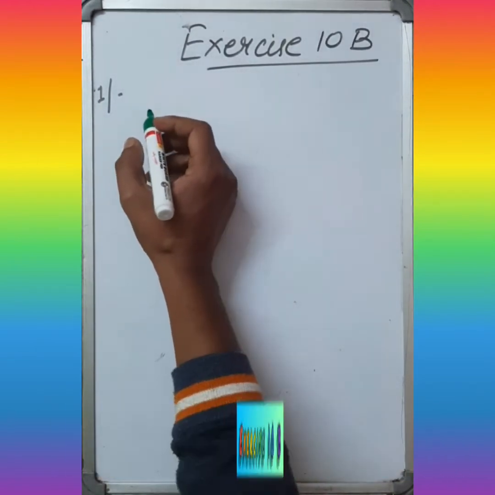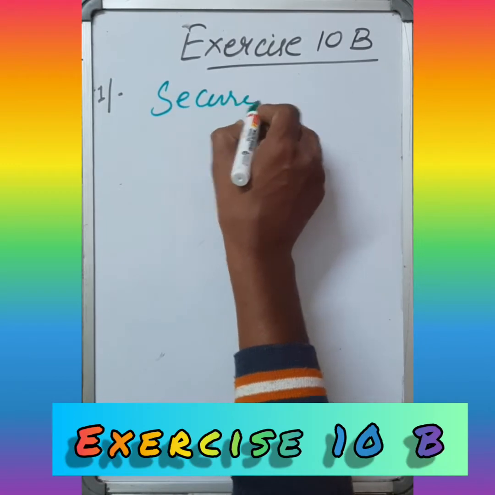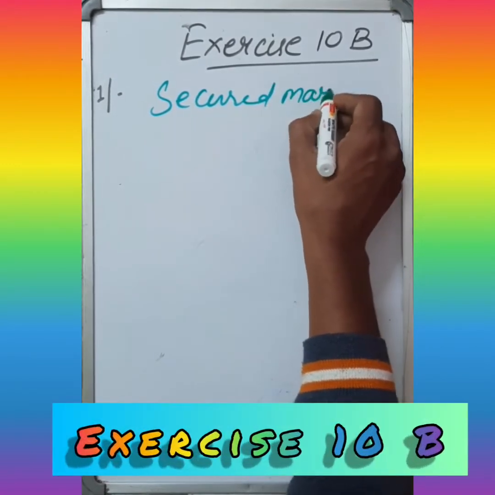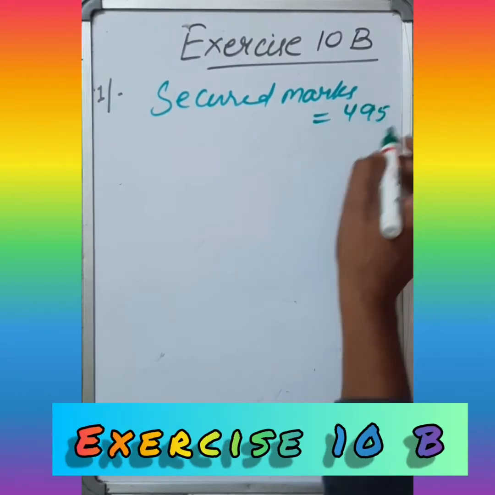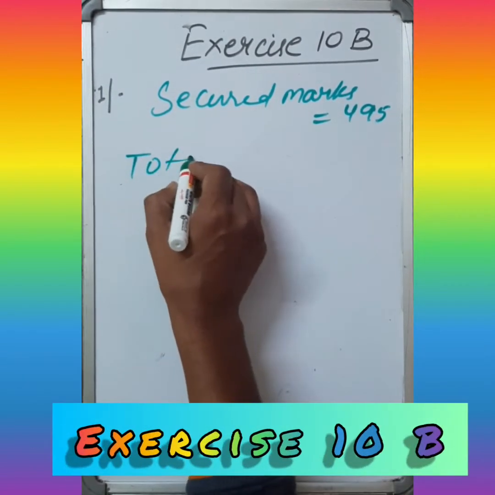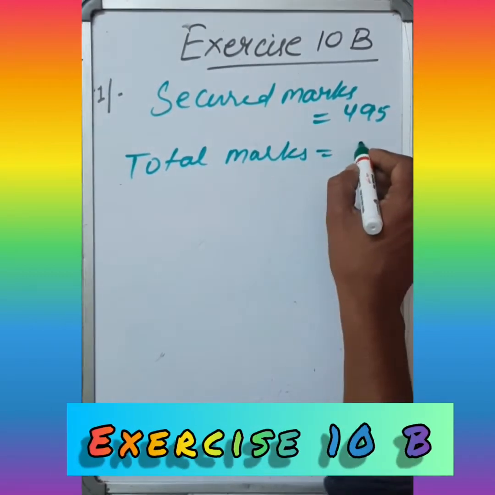So first of all, I'm going to write the values. Secured marks equals 495. Total marks, you can also say maximum marks, equals 750.